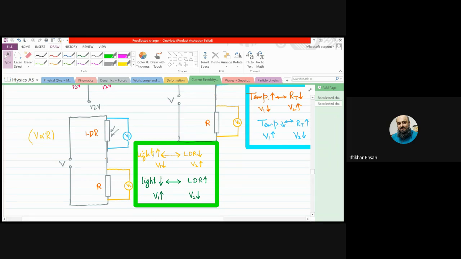When the intensity of light increases, the resistance of the LDR will decrease. So its voltmeter reading will decrease, and the other resistor is now larger and its reading will increase.